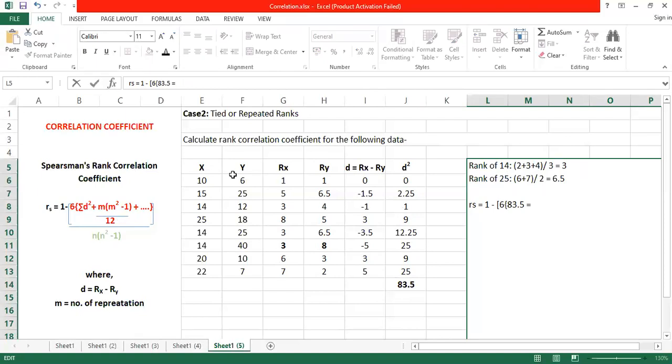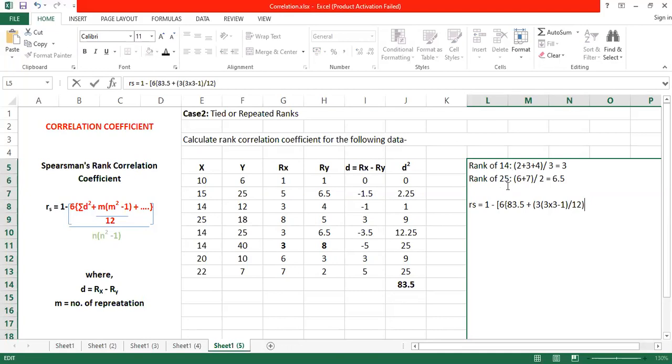Understand very carefully. The first factor we are calculating for 14. So how many times has 14 repeated? Thrice. So that is why the value of M is 3. Then 3 into 3 minus 1, and this part is divided by 12, right? So we have added the factor for 14.